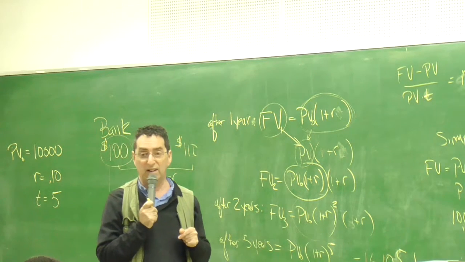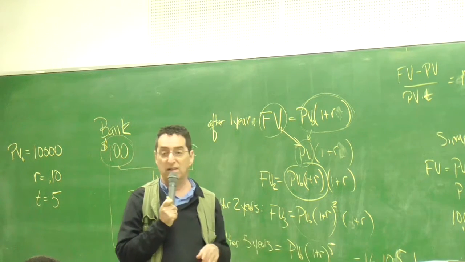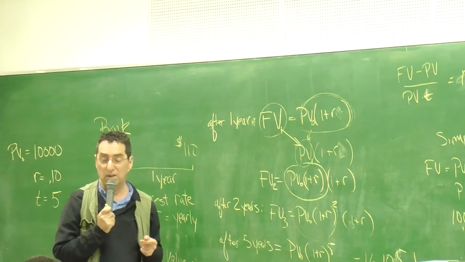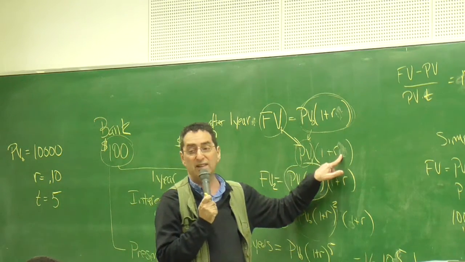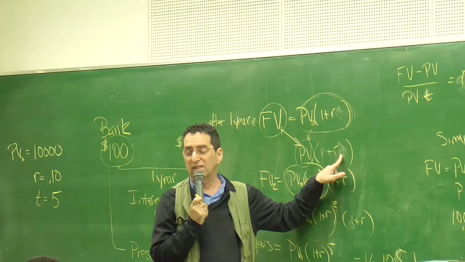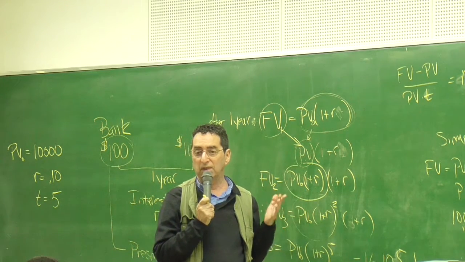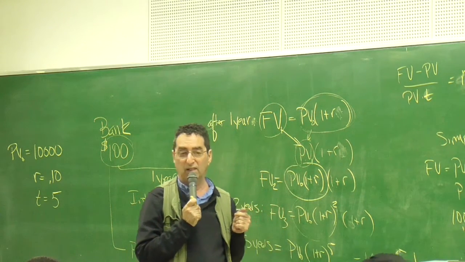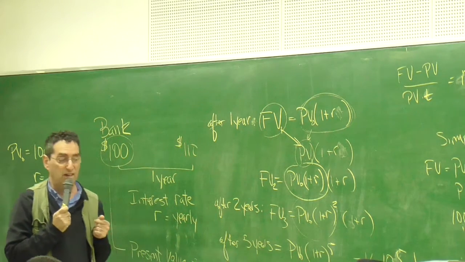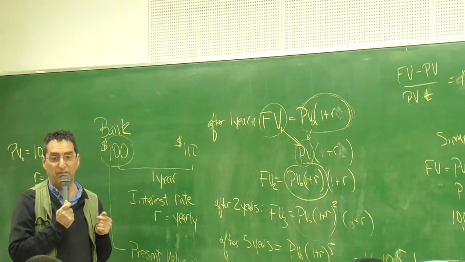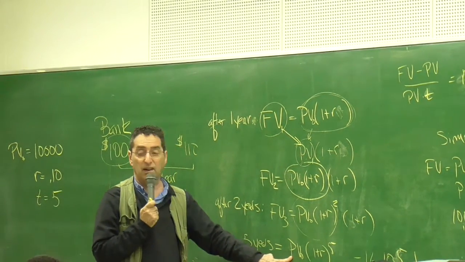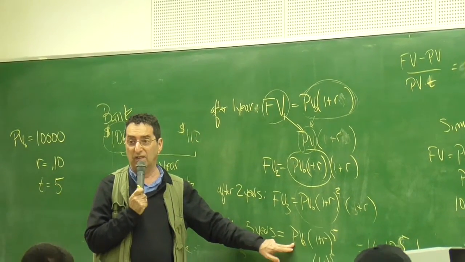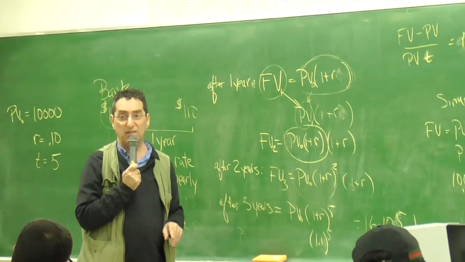So we square it, and then we see that it's going to continue like that. We're going to get cubed, fourth, and so on. And the other thing is we took out the t here, because we're doing it year by year, so we don't need t in there. Okay? Is that clear? So this is the compound interest formula. All right? Anybody have any questions about that?